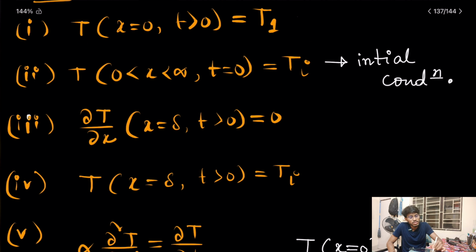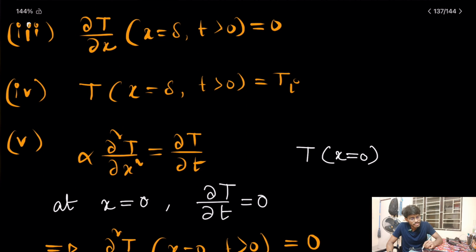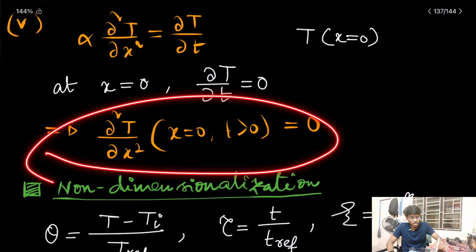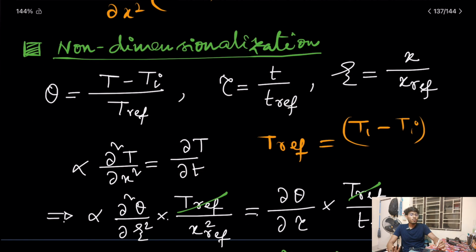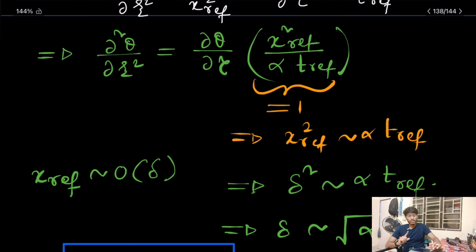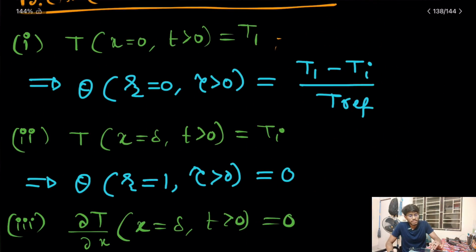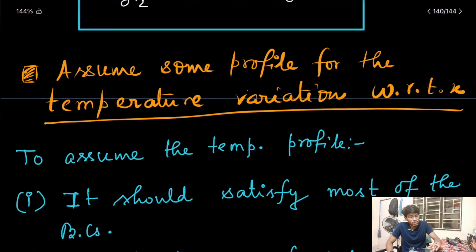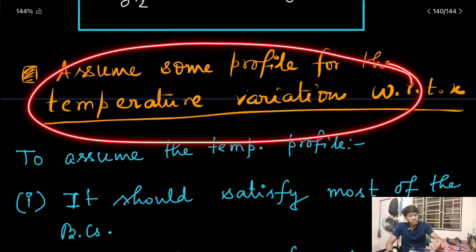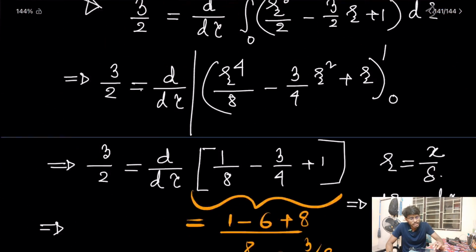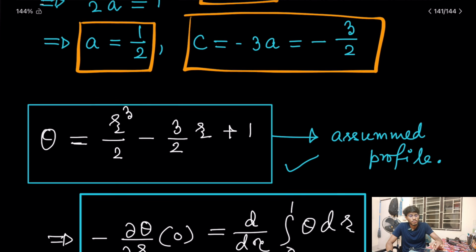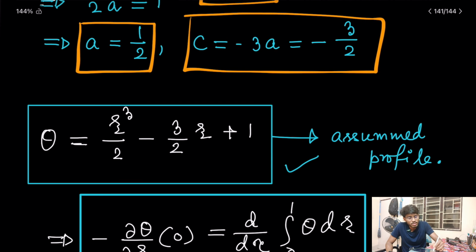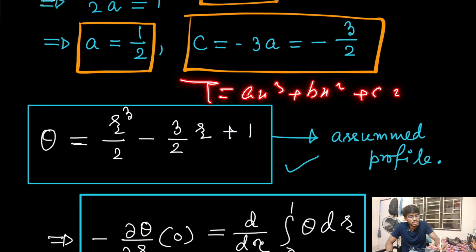Then we define the most amount of boundary conditions that we can. I have also said that this is a derived boundary condition. Then we need non-dimensionalization for only one purpose, and what is that purpose? We have to assume some profile. I have told you already, you can assume some profile like T equal to ax cube plus bx square plus cx plus d.